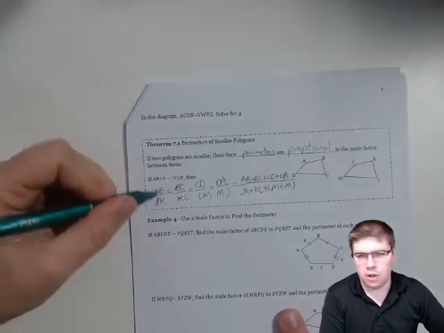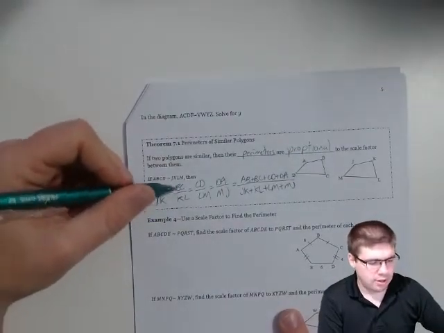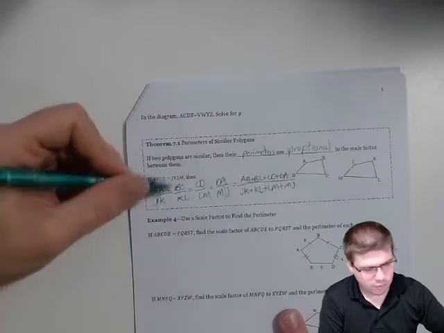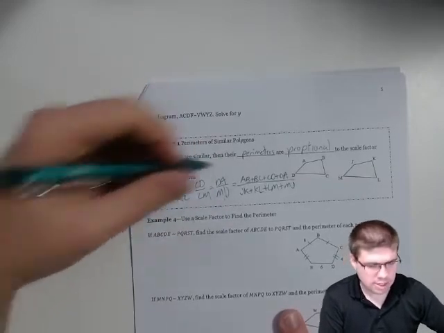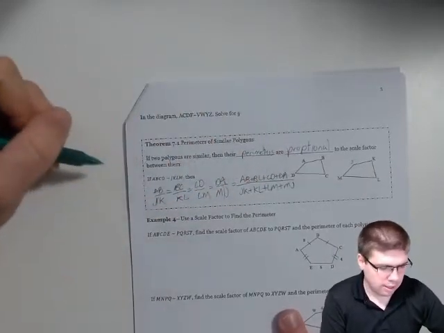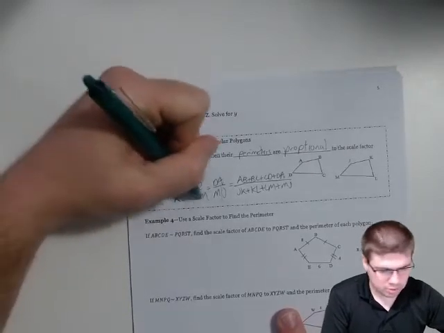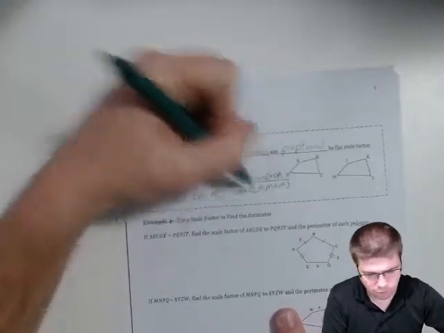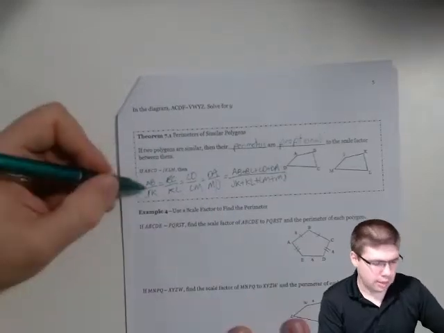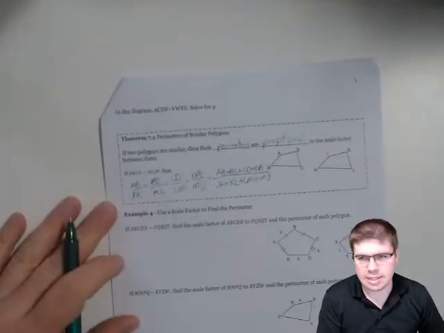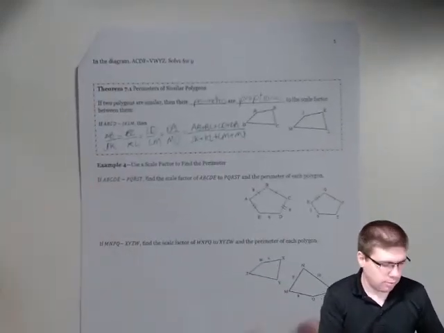Right? If these are all 1/2, then if I add 1 plus 1 plus 1 plus 1, that would add up to 4, and then if I add 2 plus 2 plus 2 plus 2, that adds up to 8. So we have 4 over 8 ends up being 1/2. Likewise, we could do that with any fraction. We end up with that same ratio between their perimeters.